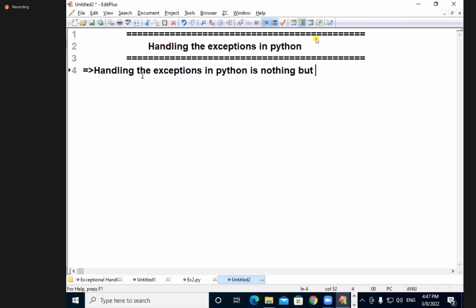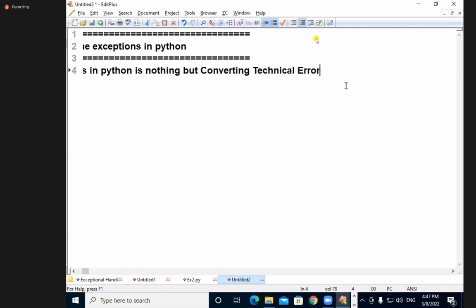Answer my questions. Which messages? Nothing but converting, come on, fast. Converting which messages? Technical error messages into user-friendly error messages.